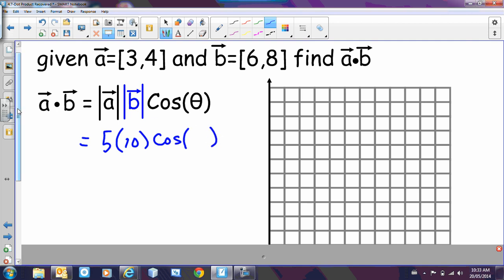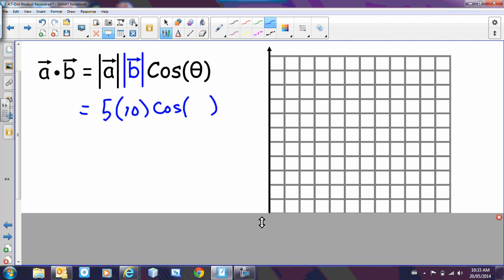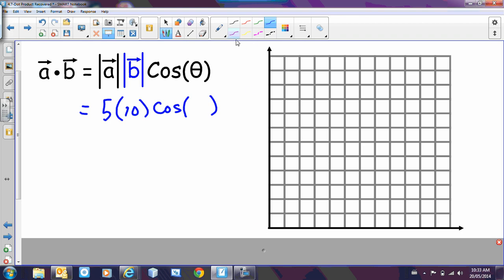the angle between them. I get a little bit hung up at this point because I don't know the angle between them, but if I look at the Cartesian plane, I can probably come up with one. So I'm looking at 3, 4, so 1, 2, 3, 4. That is my first vector.